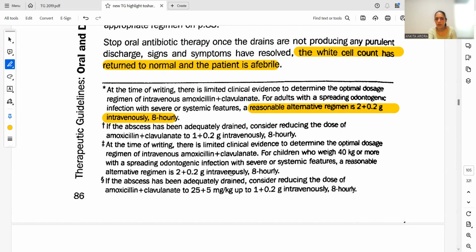And if the abscess is adequately drained, the dosage can be reduced to 1 plus 0.2. Again, the same thing is repeated for children who weigh above 40 kg also.